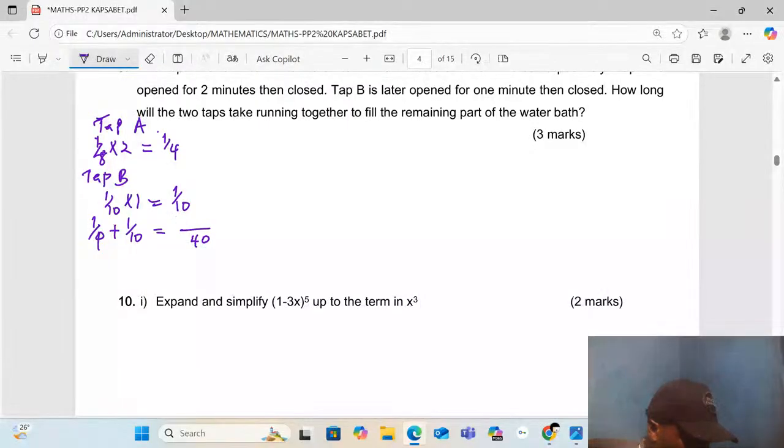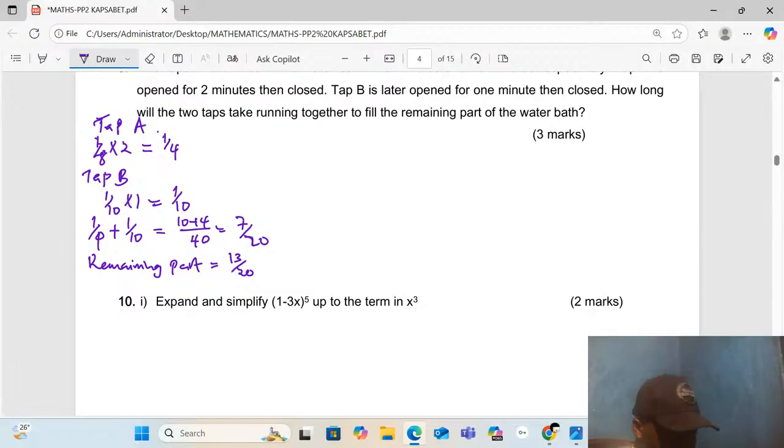We have 10 plus 4. Now that one gives us 14/40, which is 7/20. Now the remaining part will be 20/20 minus 7/20. So we get 13/20. That is now the remaining part.